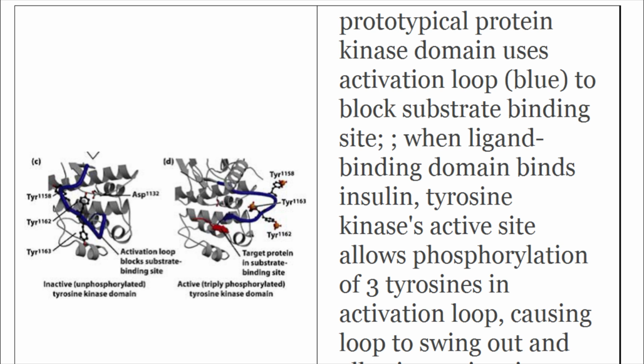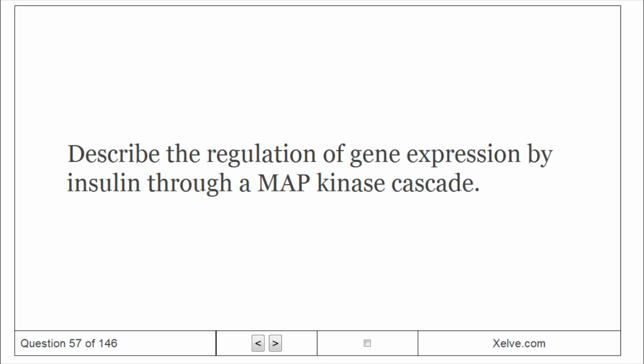When the ligand binding domain binds insulin, the tyrosine kinase's active site allows phosphorylation of 3 tyrosines in the activation loop, causing the loop to swing out and allowing the active site to bind and phosphorylate target proteins. Describe the regulation of gene expression by insulin through a MAP kinase cascade.